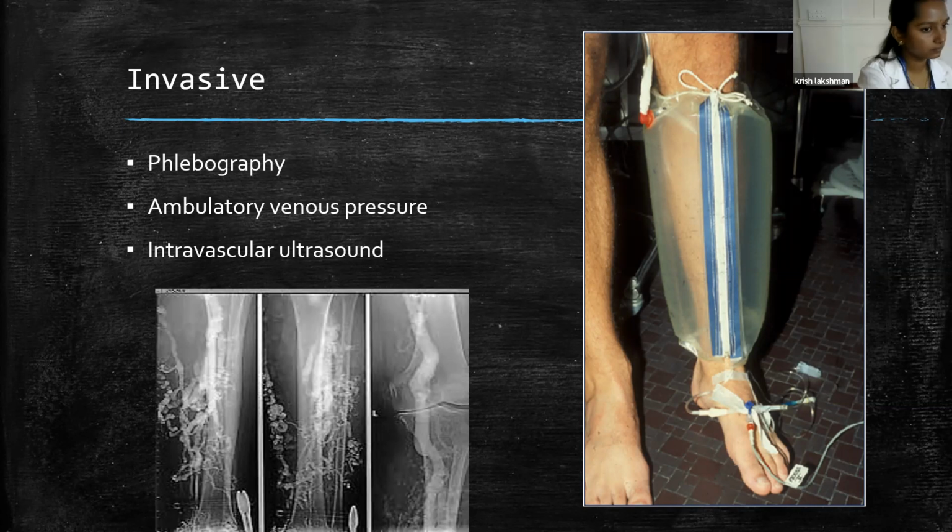There are 4 grades of reflux, depending upon the duration of the reflux after the person does the Valsalva maneuver. If it is less than 1 second, 1 to 2 seconds, up to 3 seconds, 4 seconds, or more than 4 seconds, depending on that, the grades will come. But yes, those are just the grades.